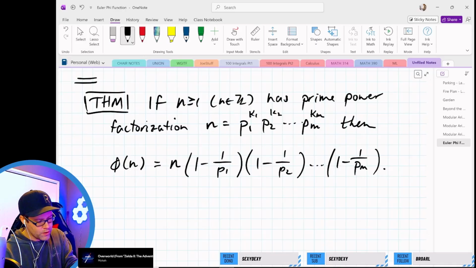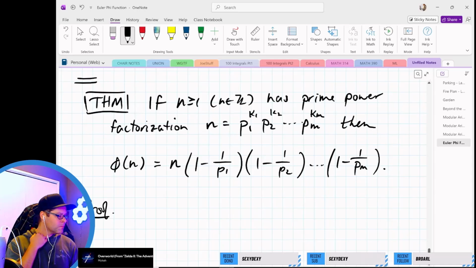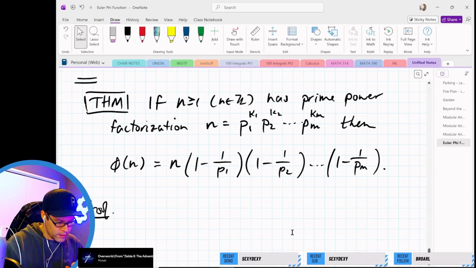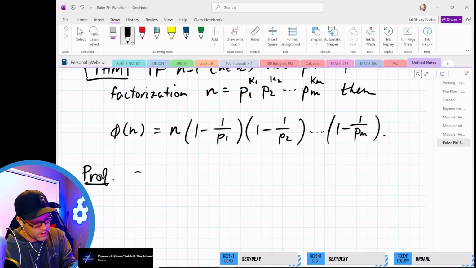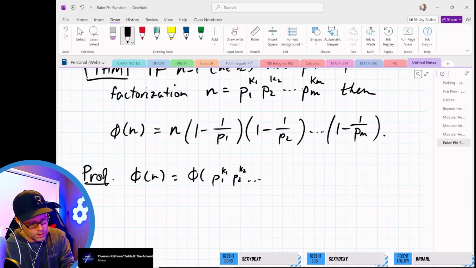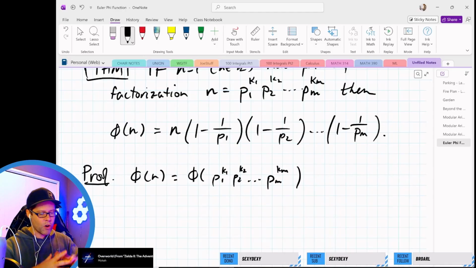So we should be able to prove this without needing to see an illustrative example. So let's take a look at how to do this. Let's take phi of n, which we know is phi of p1 k1, p2 k2, up to pm km. Okay, so here's our prime power factorization.